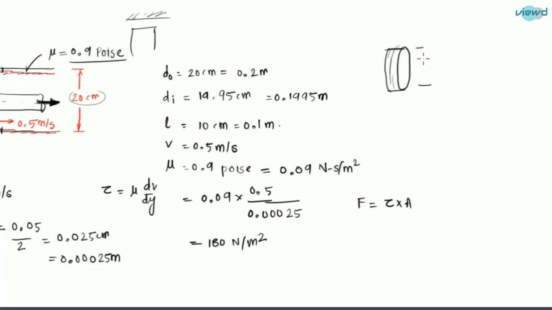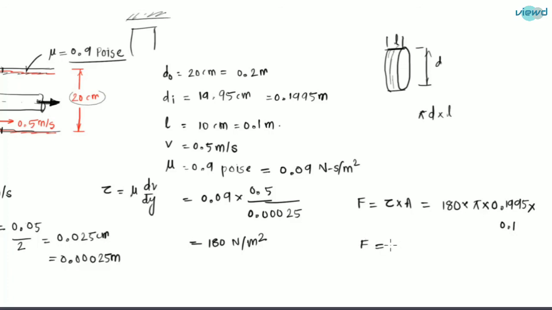This is D and this is L. So pi d will be the perimeter, and into length will give us area. So tau is 180 into area, which is pi into diameter, 0.1995 meter, into length 0.1 meter.